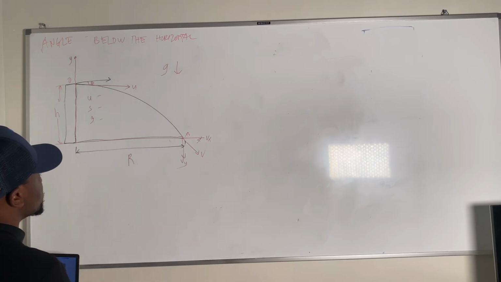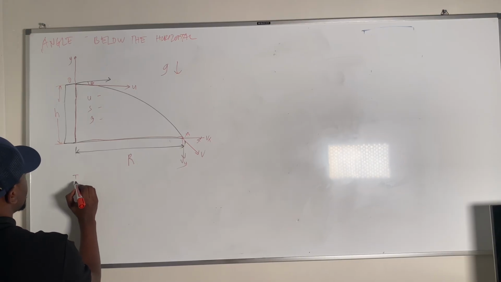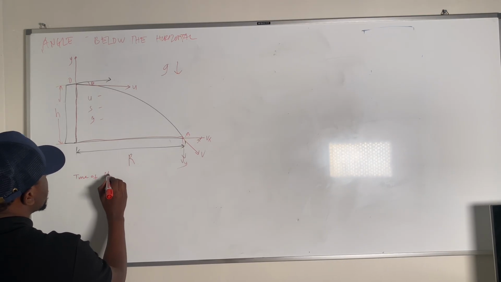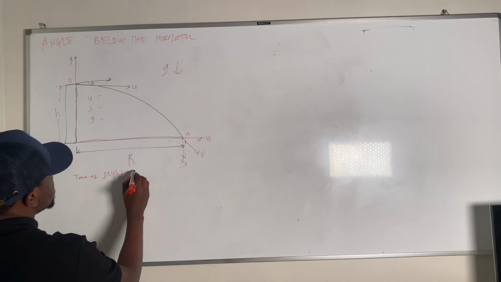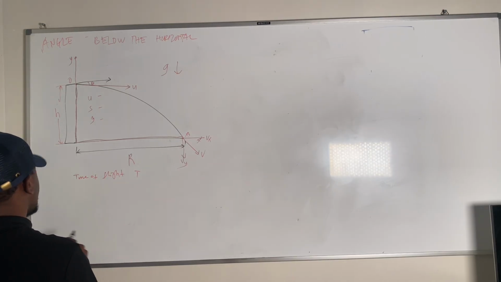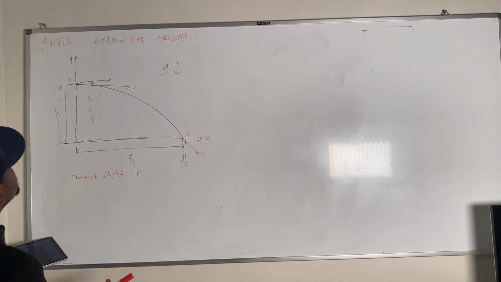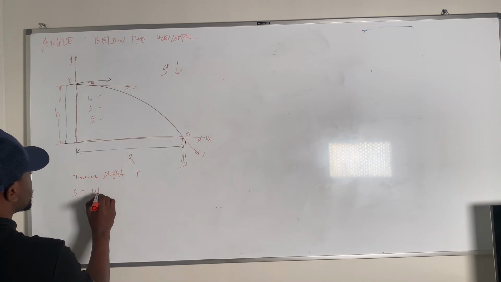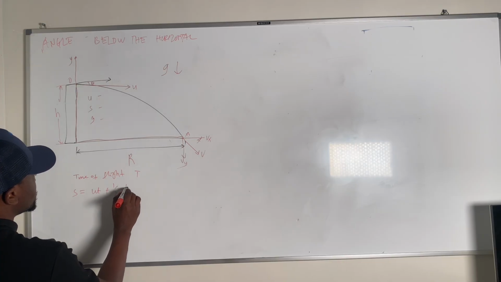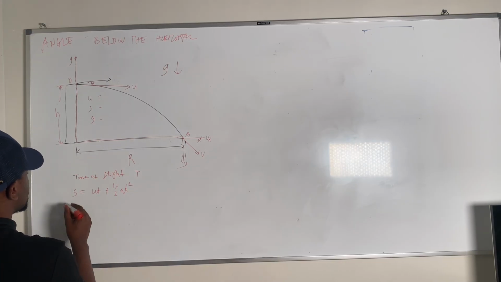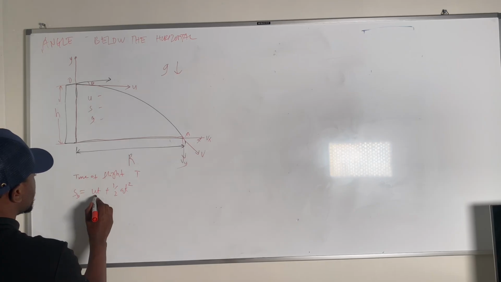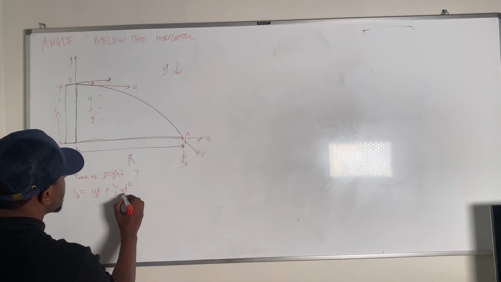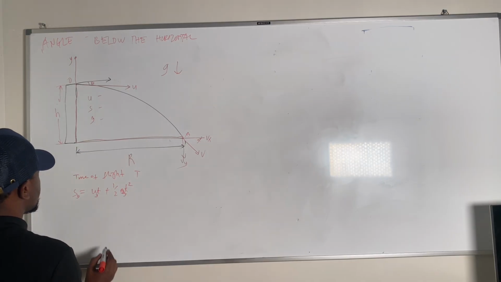So we have to find the expression for time of flight t. From the second equation of motion, we know that s is equal to ut plus a half at square. In this case, s in y direction will be equal to u in y direction times t plus a half acceleration in y direction times t squared.